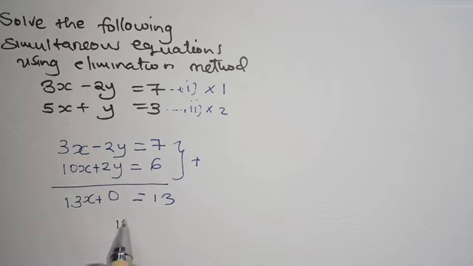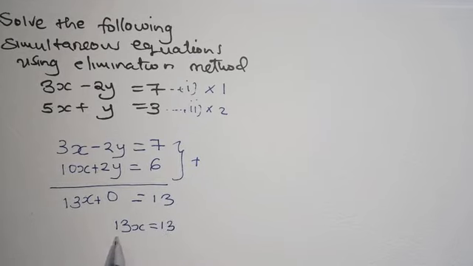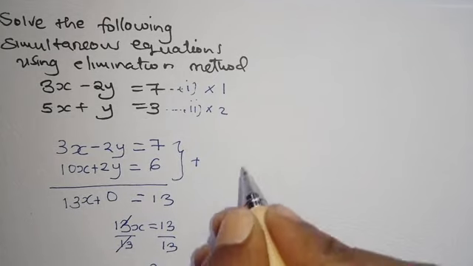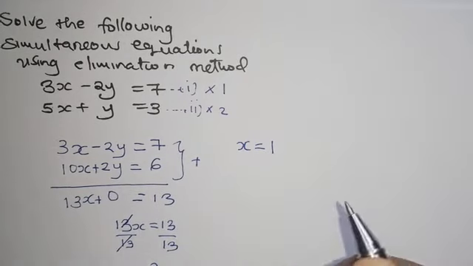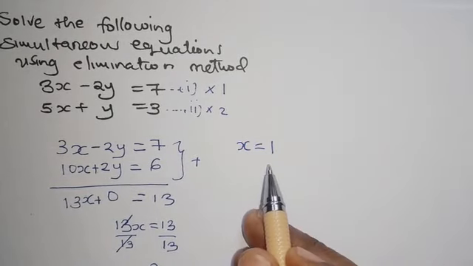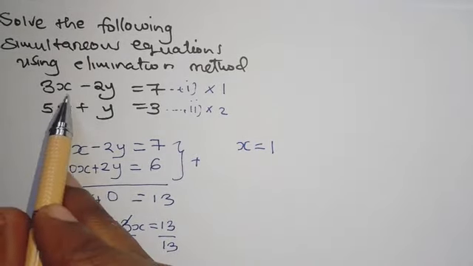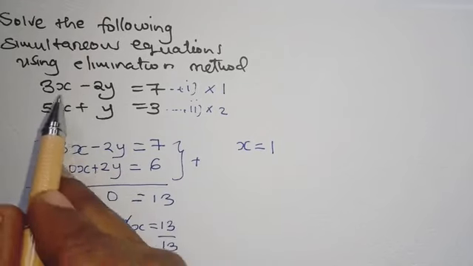The right side gives us 13. So 13x equals 13. If we divide both sides by 13, it gives me the value for x, which is 1. So we take 1 and substitute it in our equations, where x is, we put 1 and we find the value of y.